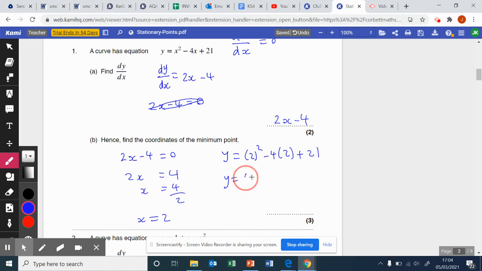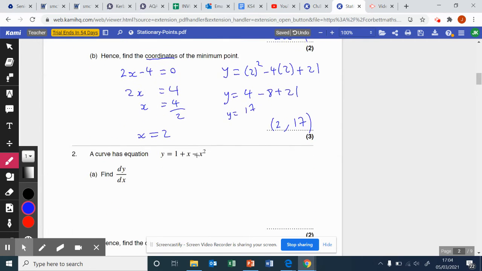So that's going to be equal to 4 minus 8 plus 21. So then that's going to give you 17. So the coordinates, remember it says coordinates, you have to write it as coordinates, otherwise you lose that mark, 2, 17. Okay? But the idea is dy dx is equal to 0. That is how you work out the coordinates of the minimum point.